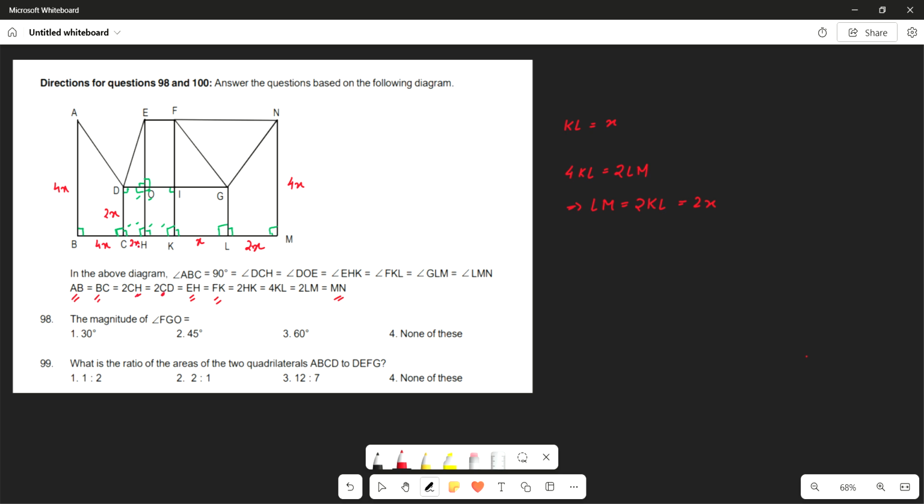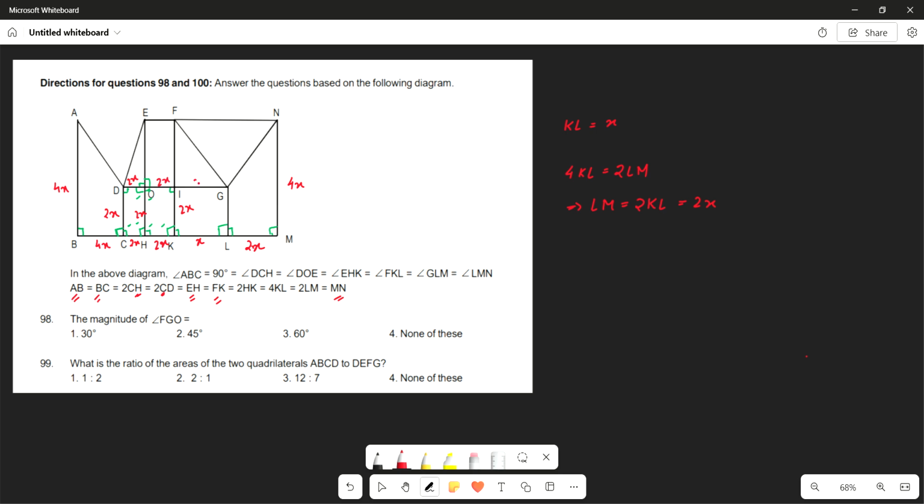All the angles are 90 degrees and the adjacent sides are equal, so this is a square. This will be 2X. This is a rectangle, so this will also be 2X. What will be HK? HK is 2X, so this will be 2X.